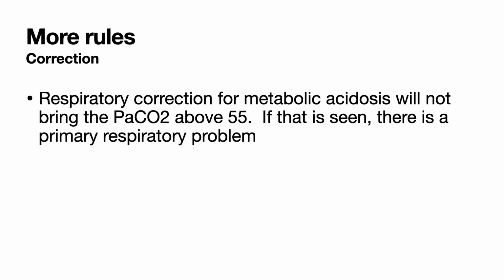Then, of course, more rules. The first is that respiratory correction for metabolic acidosis will not bring the PaCO2 above 55. If that's seen, there is a primary respiratory problem. So if you see a patient who has a PaCO2 above 55 in either the text or the test or live, you need to be worried about this patient.